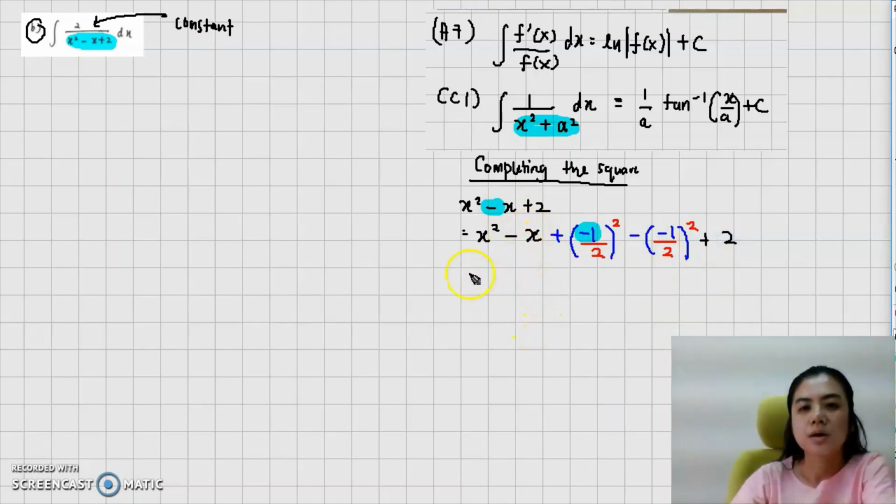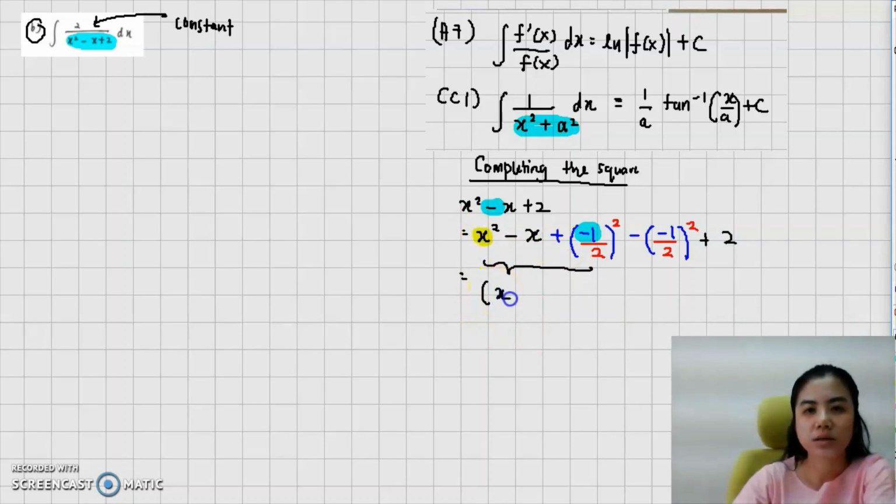Okay, so then the first 3 items, you can simplify it into this. Just focus on the first item in here. So this will give you x. Then take the item from the tip.